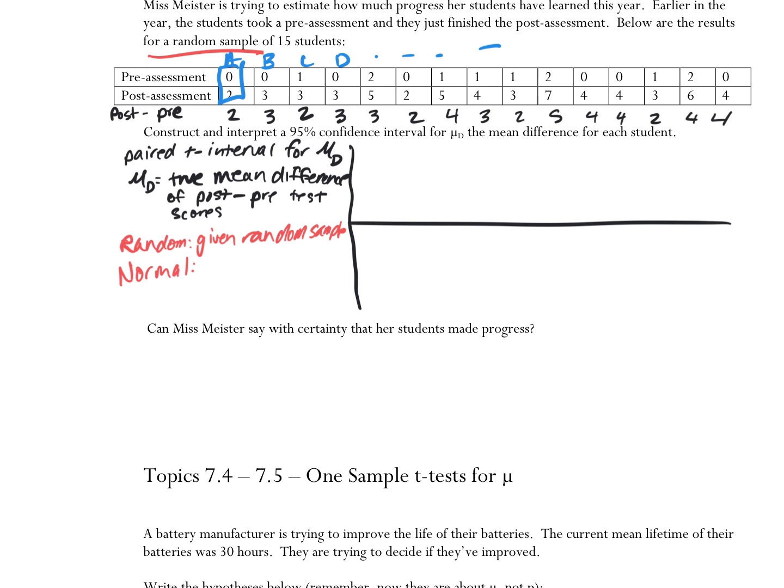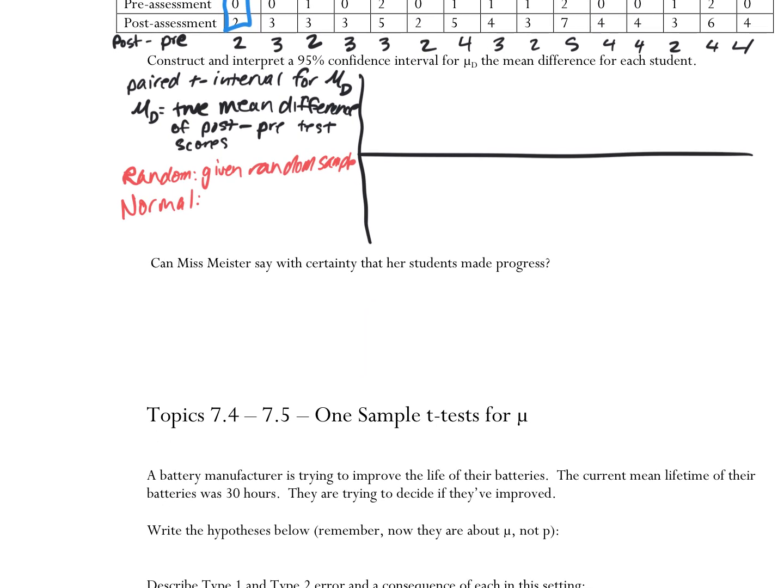We would want to see, is the sample relatively mountain-shaped, approximately symmetric, because the sample size, how big does the sample need to be that we don't need to do that? 30. And I don't know about you guys, but I'm pretty sure that 15 is smaller than 30. Pretty sure. Yeah.